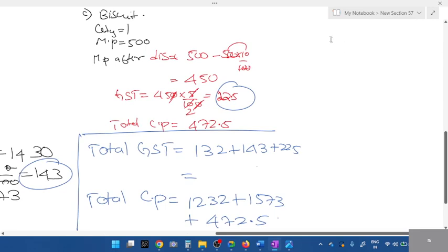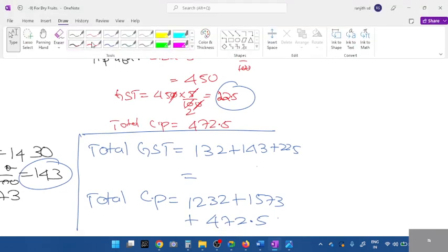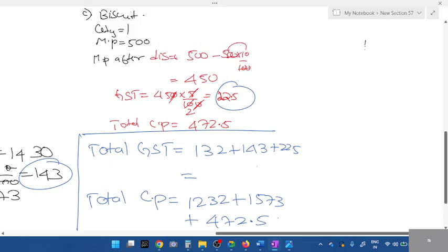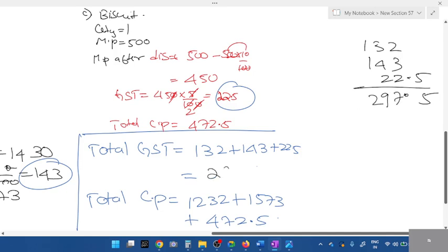Next, after adding, you get 132, 143, 22.5. 2 plus 3 plus 2, 7. 7, 9. 297.5.